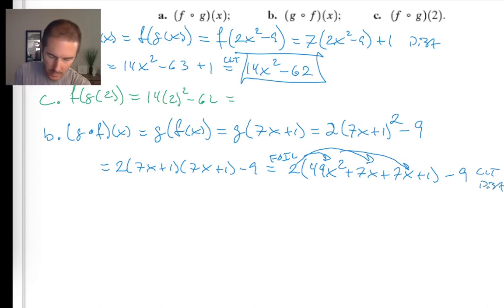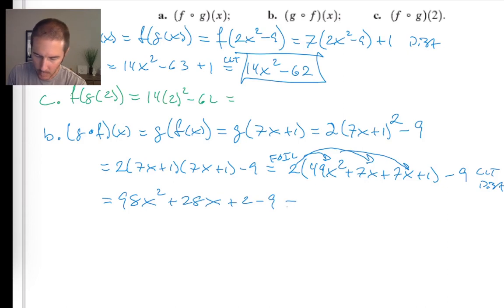That gives us 98x squared. 14 times 2 is positive 28x. We have the plus 2 and we have the minus 9. So we'll combine like terms one more time, just these constant values here, and we will be done. 98x squared plus 28x minus 7.